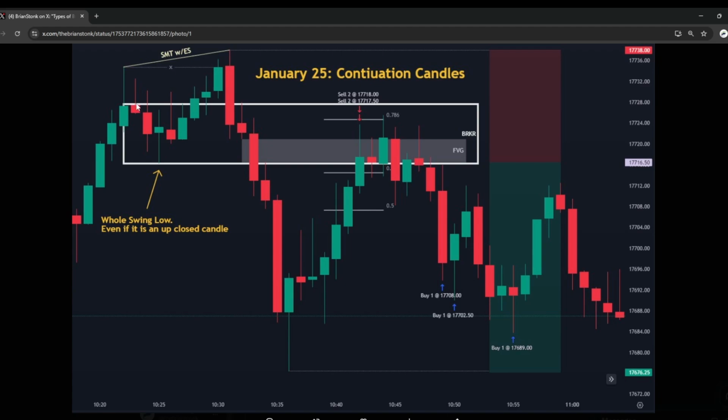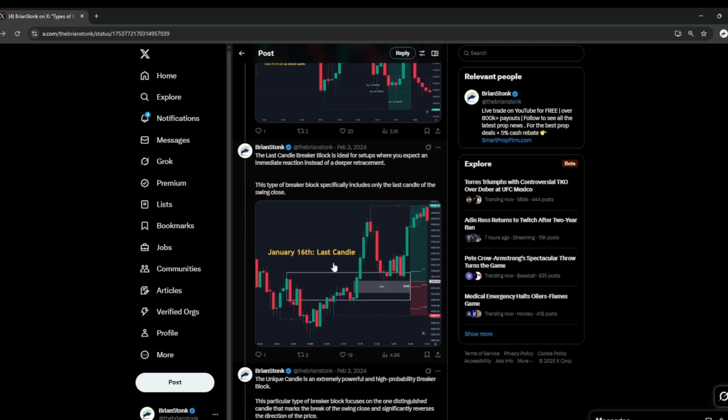So we have this series of down close candles. We actually wicked higher, but I'm going to use that wick low still because I'm looking at the whole swing low. I'm not looking at whether it closed bullish or bearish. We're looking at open of the first bearish candle here, all the way down to wick low. That's an example of a continuation here.